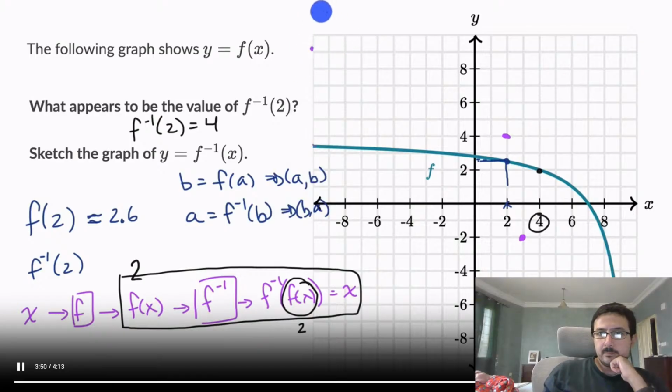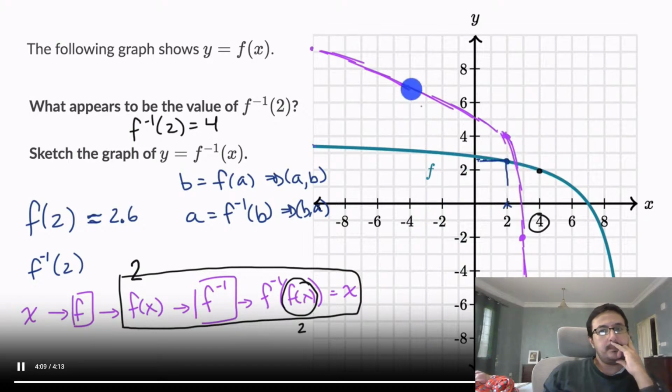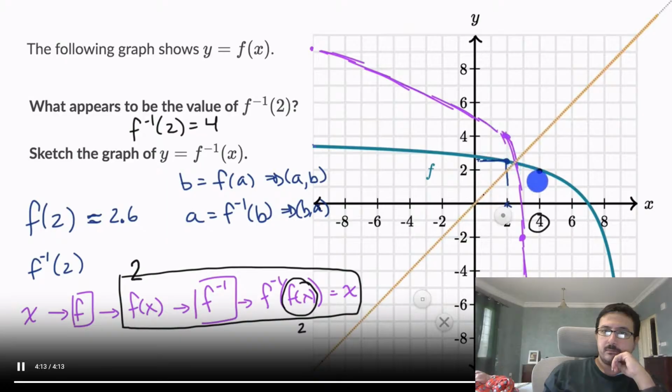And then we can connect the dots to sketch out what the graph of the inverse function is going to look like. It's going to look something like that. And you might notice it looks like a reflection about the line y equals x, which is exactly right.